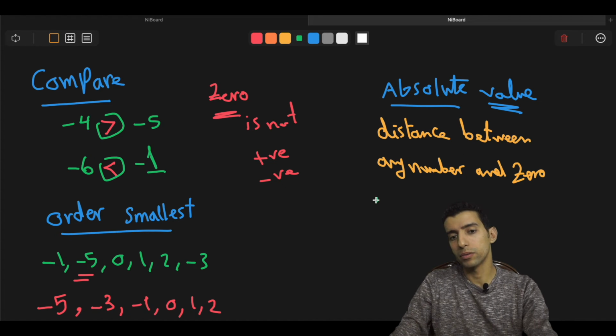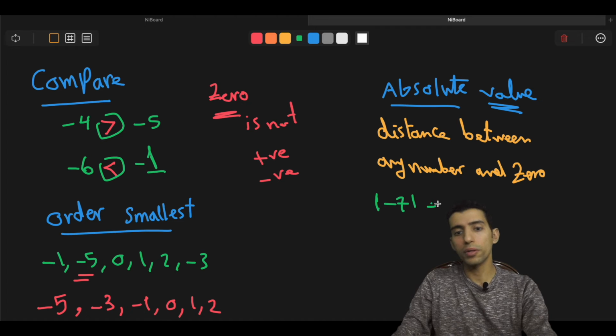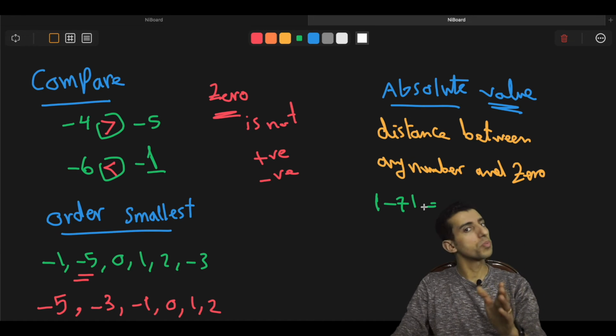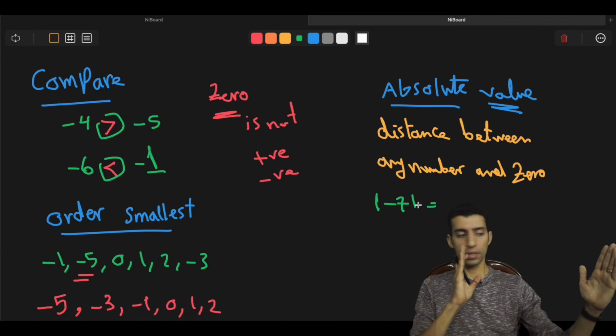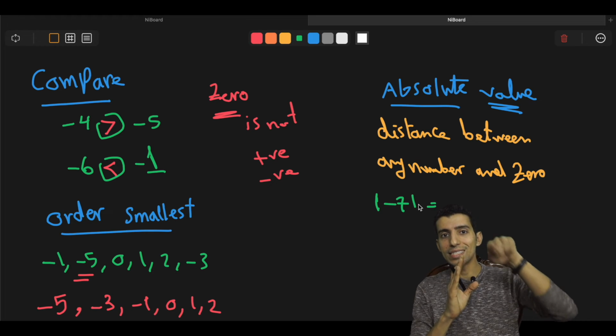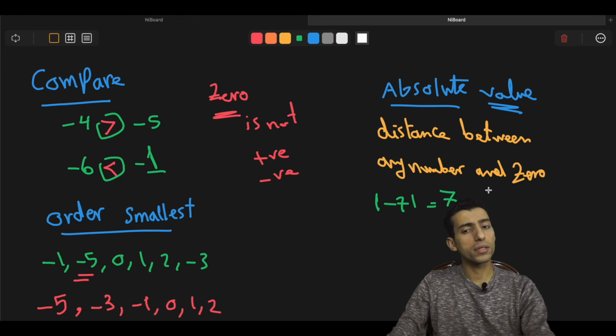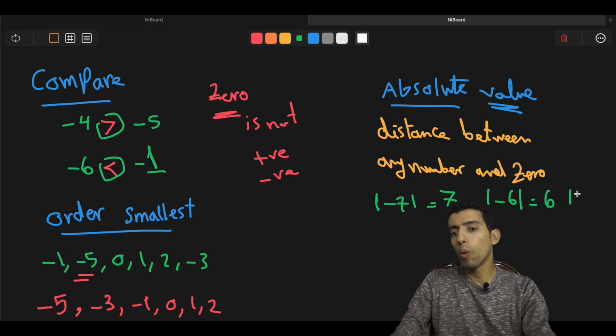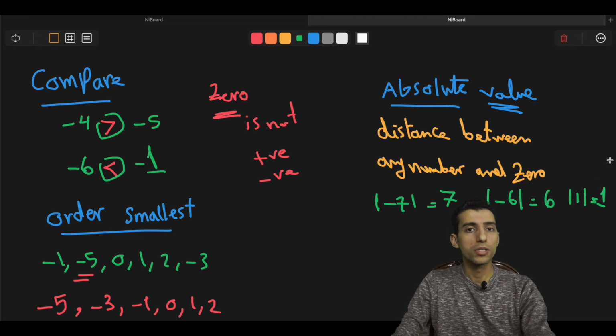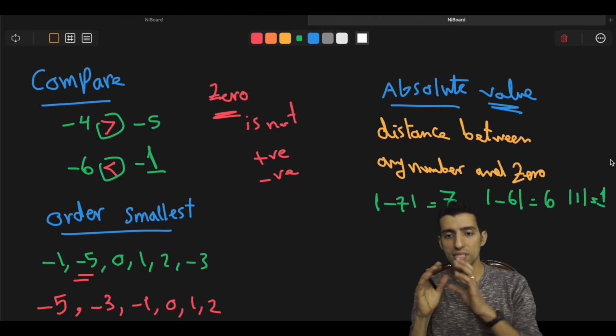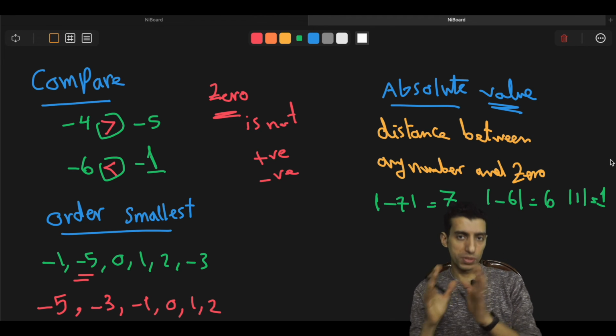So when I talk about the absolute value of negative 7, what do you think? The distance from negative 7 to 0 is 7 steps, so it means 7. The absolute value of negative 6 is 6. The absolute value of 1 is 1, and so on. So it's just the distance between 0 and a number, and we call it absolute value.